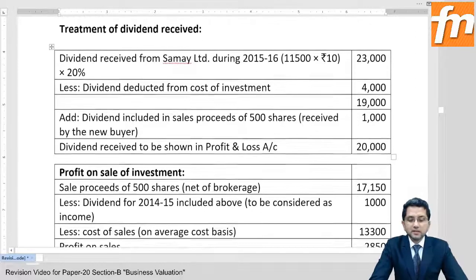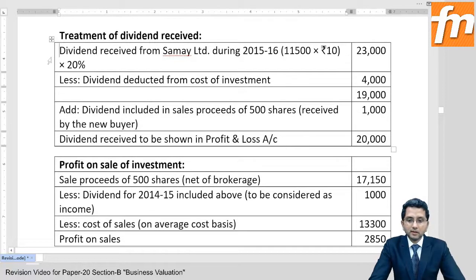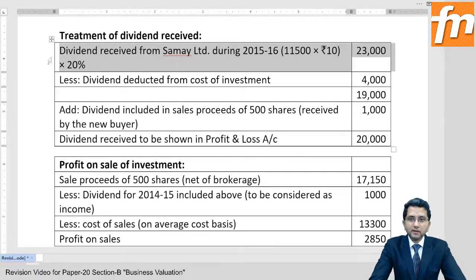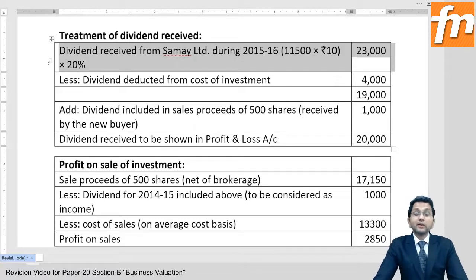Now let's talk about our income also. How much dividend do you receive? On the date of dividend, you were holding 11,500 shares. 2 rupees per share is the dividend. So 11,500 into 2. Dividend date is 1st September, and on that date, you were having 11,500 shares. So you received 23,000 dividend.